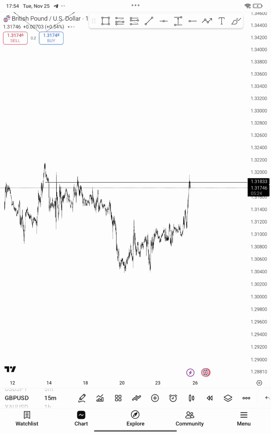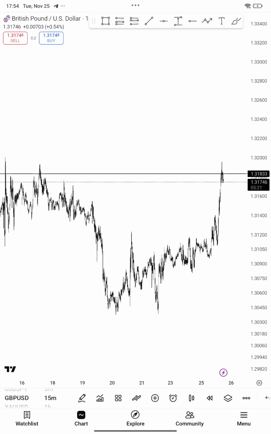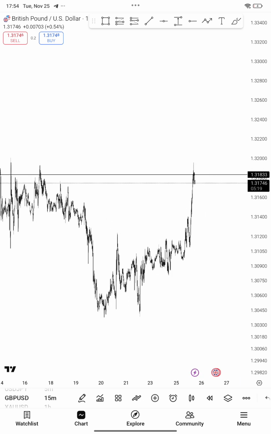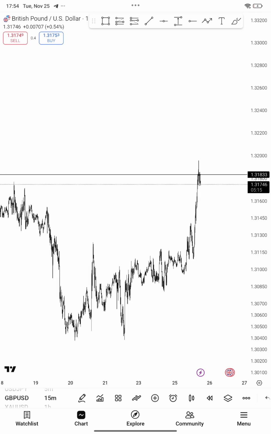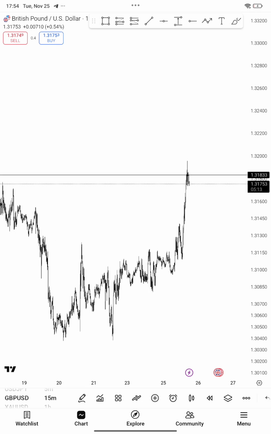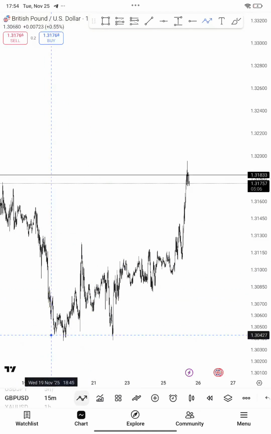Here on the 15 minutes, I can see the market is kind of printing higher highs, higher lows, higher highs, higher lows.